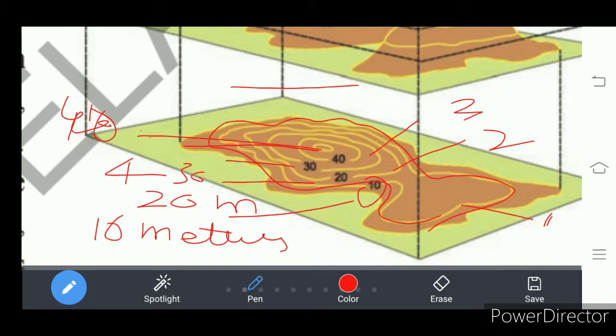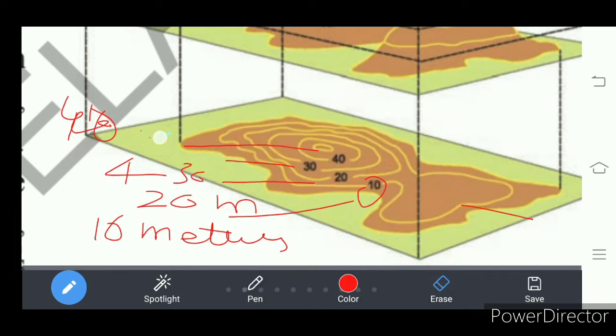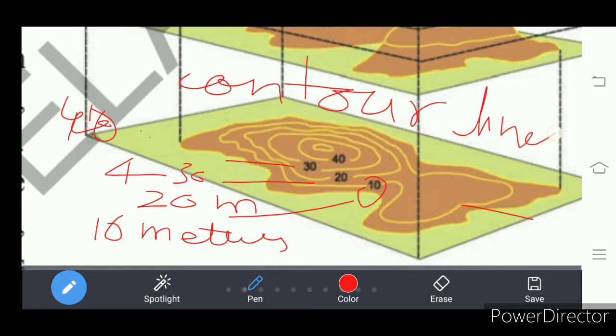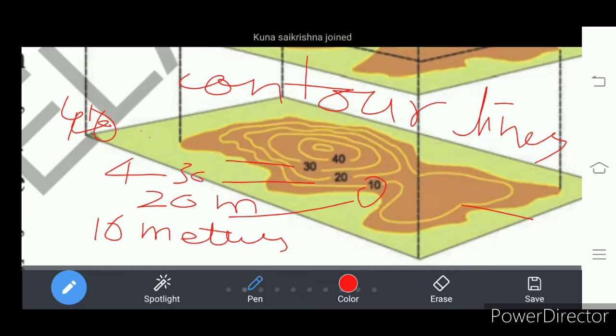So in this way we find high and low areas on a map using certain lines. Those lines we call contour lines.